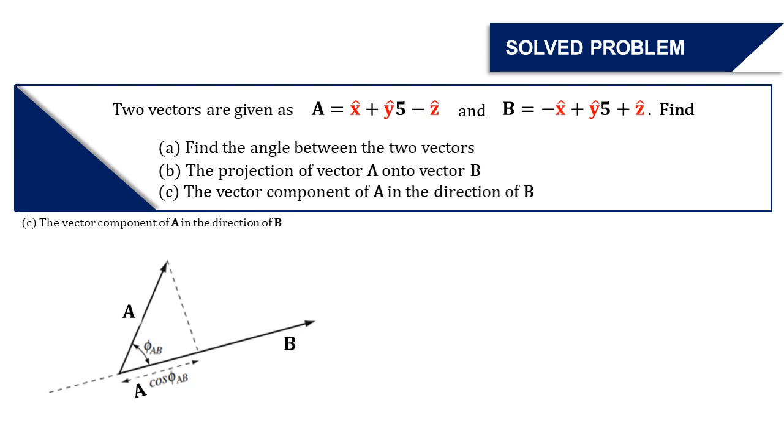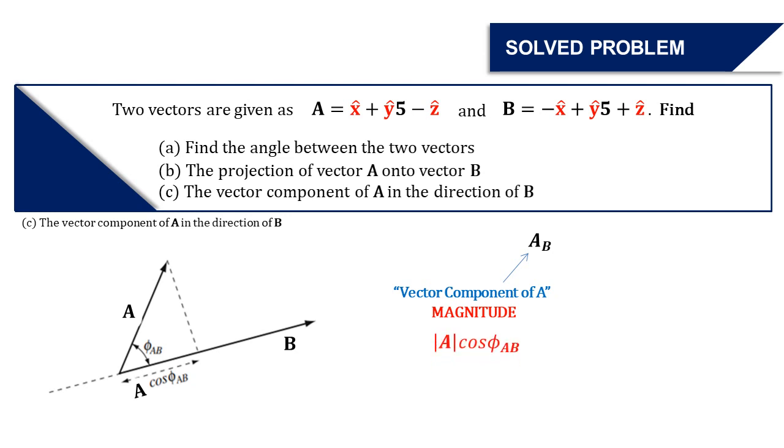So paano ba yan? The vector component of A in the direction of B is denoted by this symbol A sub B. In other words, yung A, yan yung tumutukoy doon sa vector component ng A, and that should describe yung ating magnitude. Okay.